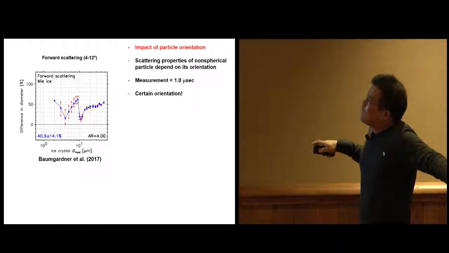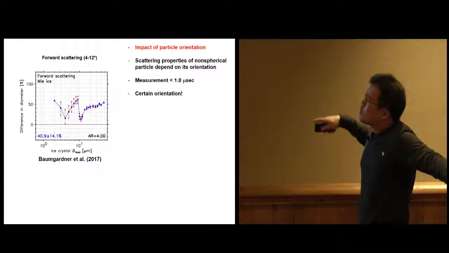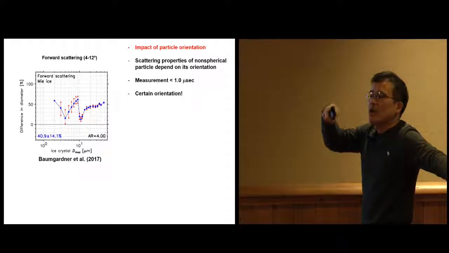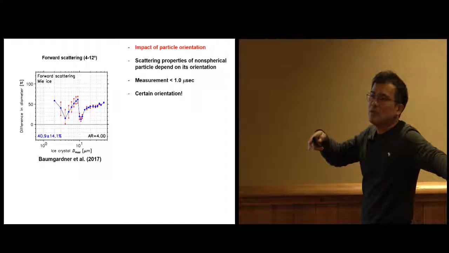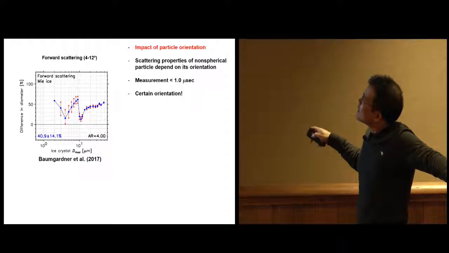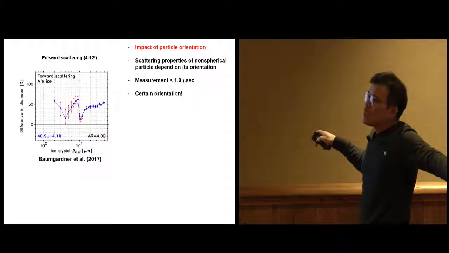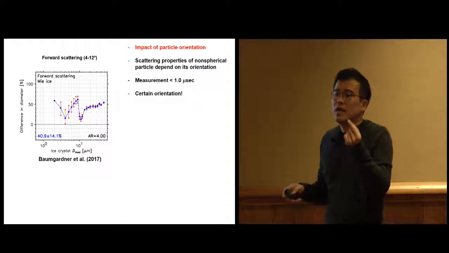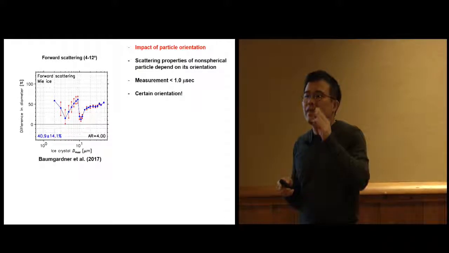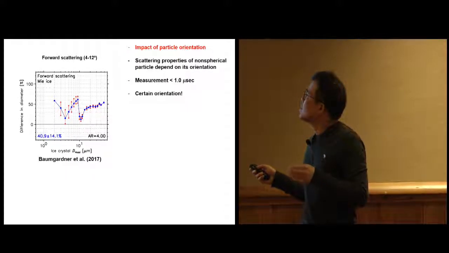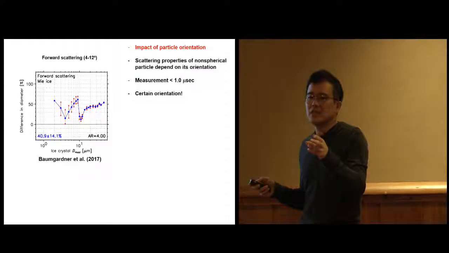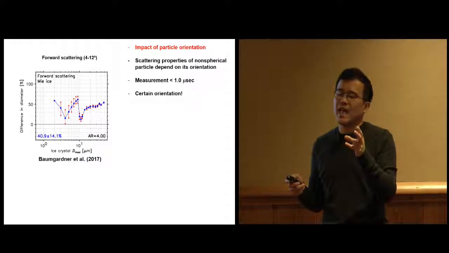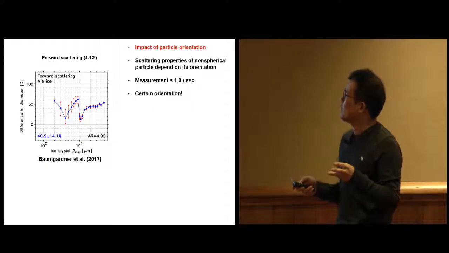In forward scattering probes, ice crystal measurements are made within less than 1 microsecond. So it's a very tiny moment. In that moment, the ice crystal has a certain orientation, and the corresponding radiative scattering properties are different.